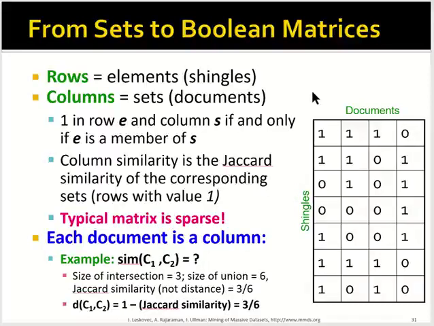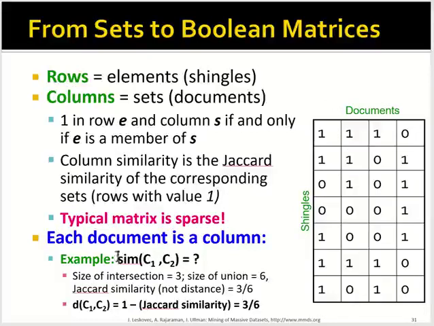So in this case, the column similarity is the Jaccard similarity of the corresponding sets. Generally, we will understand that this matrix is very sparse, which means not so many ones will appear in this matrix. So based on this instance, how can we compare the similarity between document 1 and document 2?